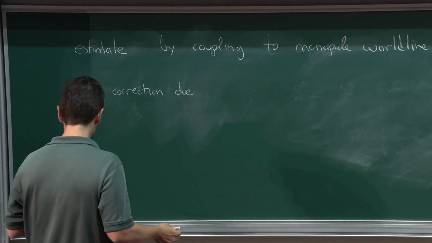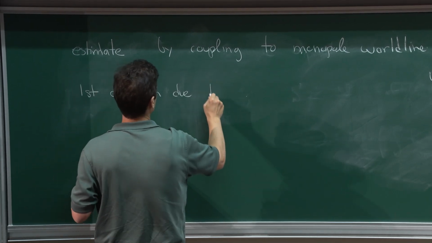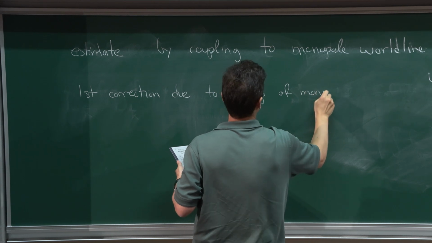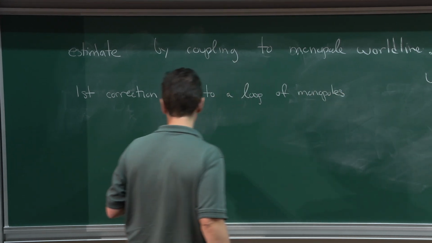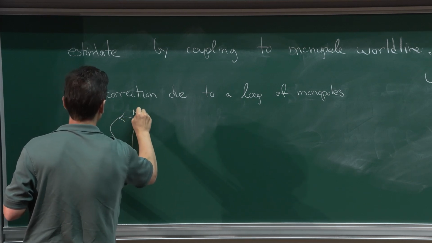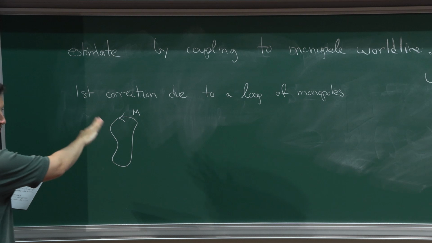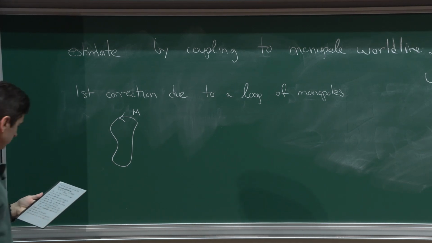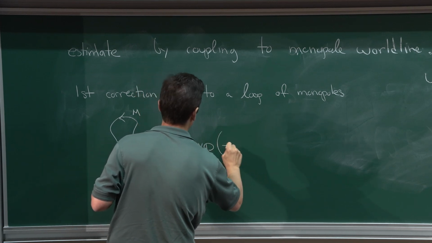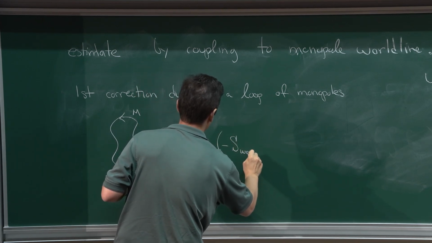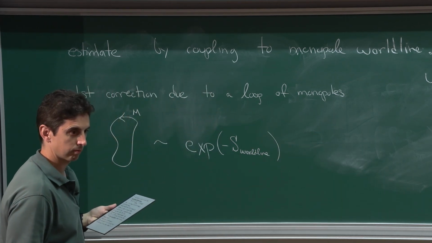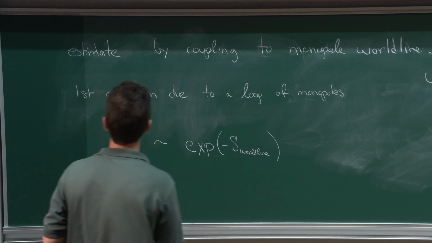So what's the first correction, due to a loop of monopoles? Again, my favorite squiggly loop, but now I think of this as a finite mass particle. This should go like exponential of minus S of this world line loop. That's the first correction to the infrared effective action.